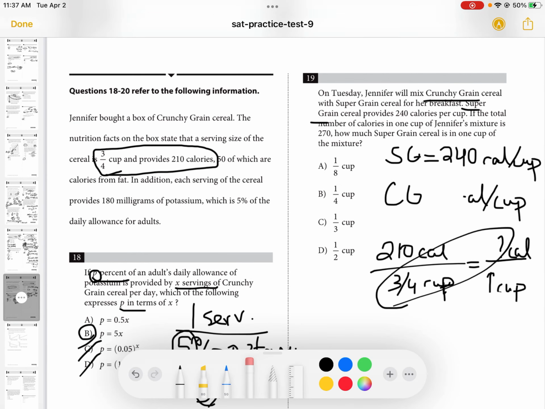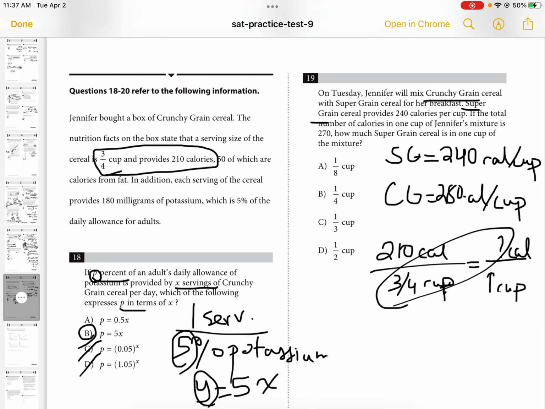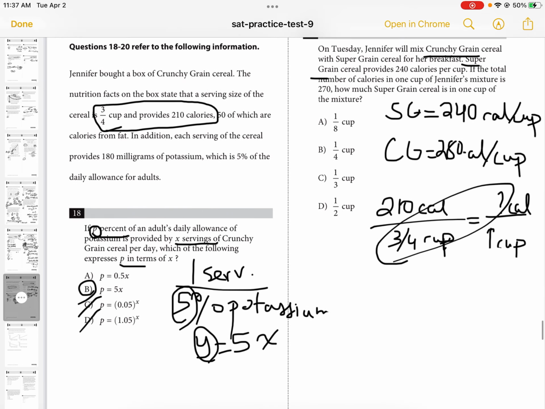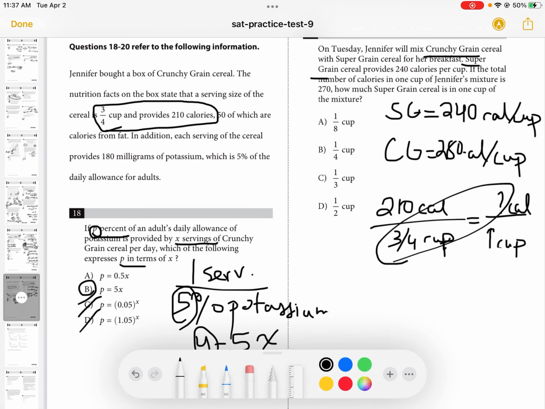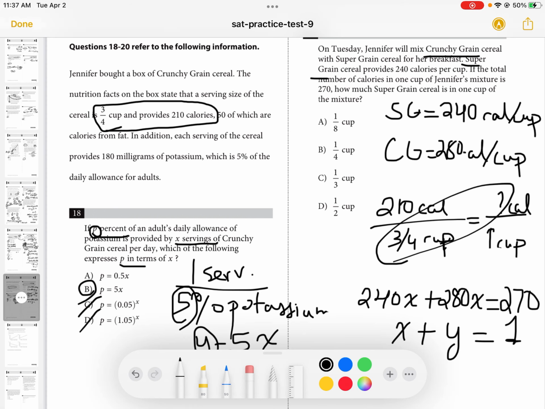So I'm just going to fill that in. Okay, now we have to write a system of equations. We know that 240 times however many cups of super grain cereal plus 280 calories times however many cups of crunchy grain we get, that's equal to 270 calories total. And we know that both the servings of cereal have to add to 1 cup.